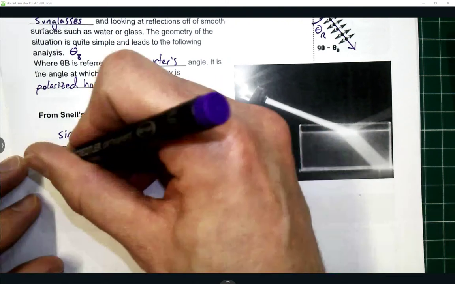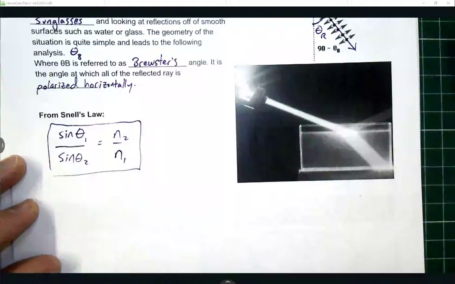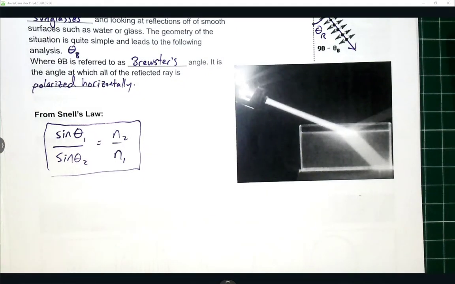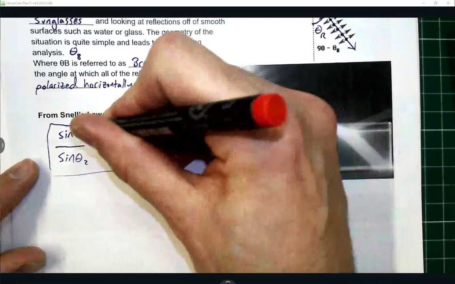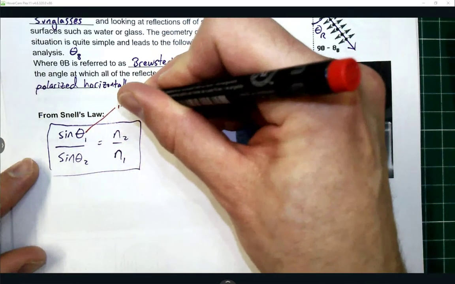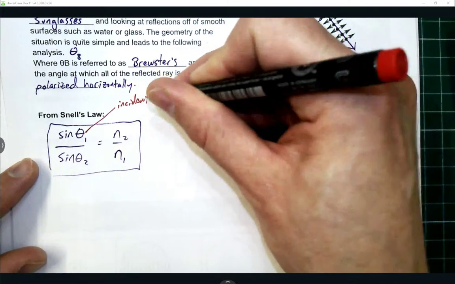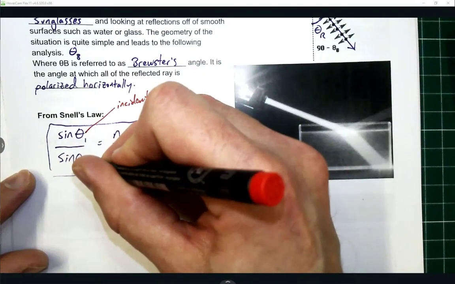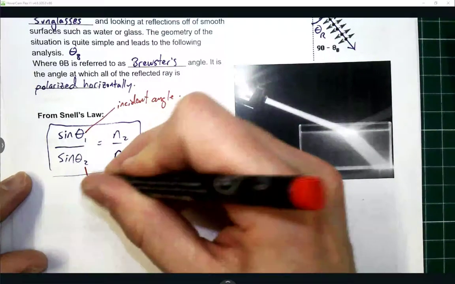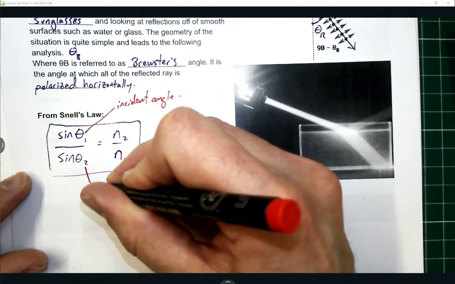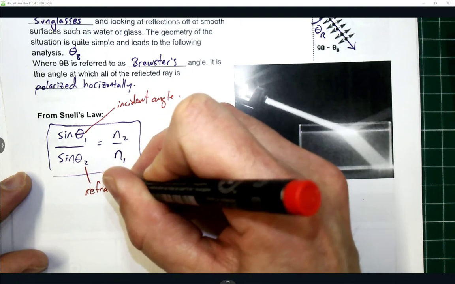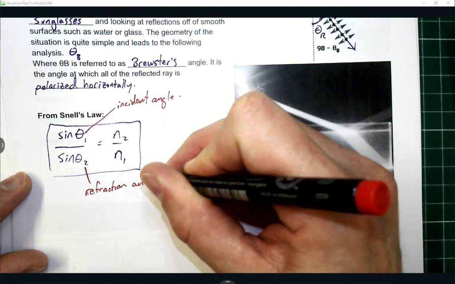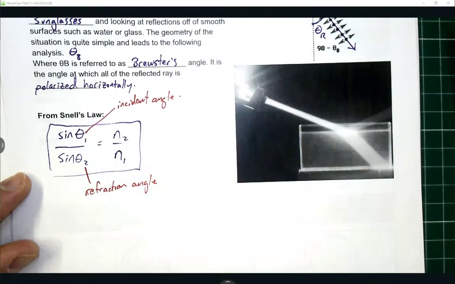I'm going to put a box around this, and I want to label the values so we know what we're talking about here. Theta 1 is the incident angle, the angle of incidence. Theta 2 is the refracted angle, the angle of refraction.